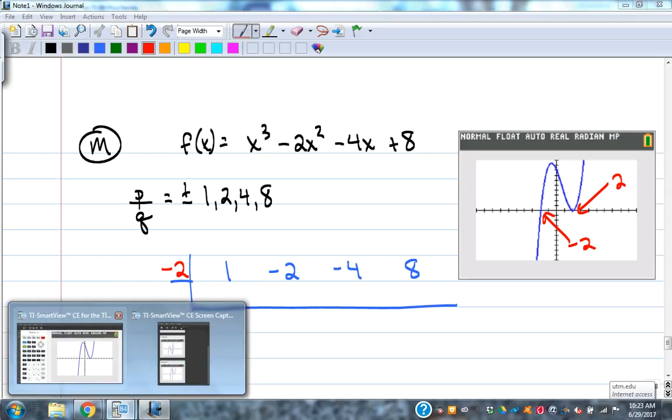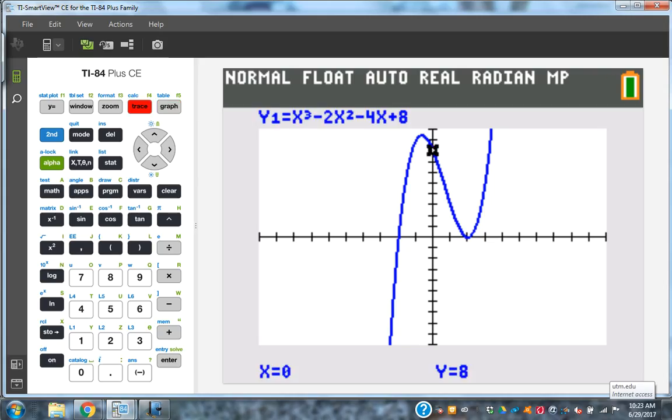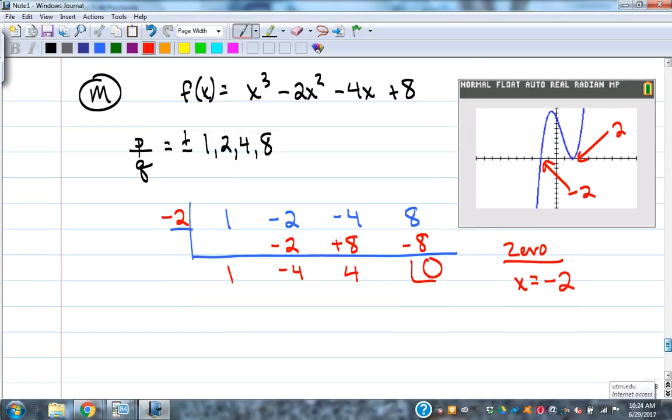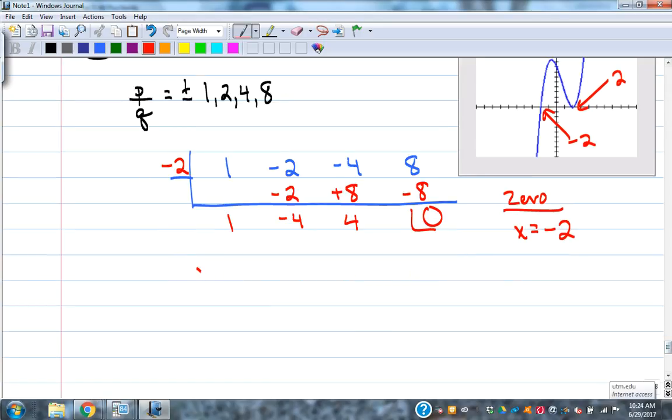I could verify that with my graphing calculator. Hit trace, -2, and there I've got y equals 0. Let's use that with synthetic division. And there's that 0 remainder. It's not a surprise. Then I've got a quadratic left over.